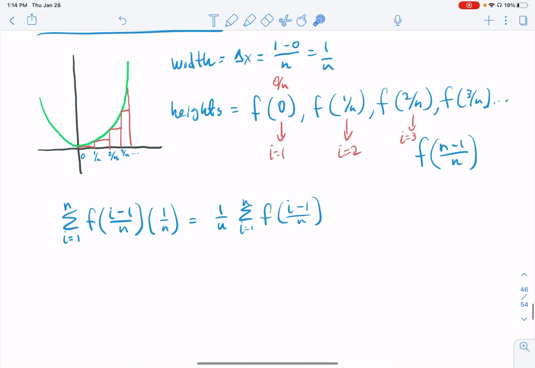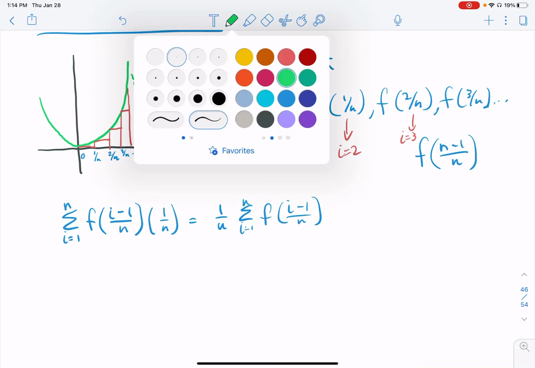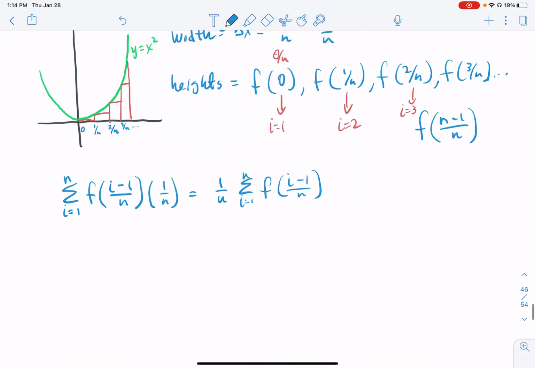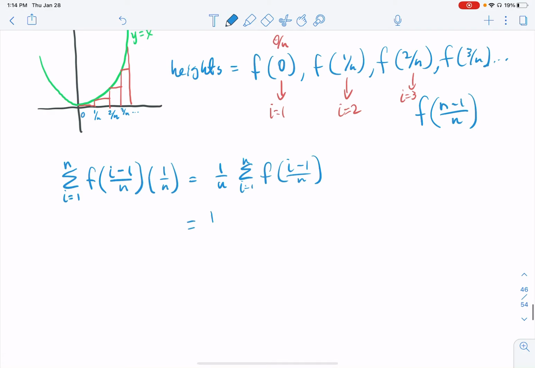We'll get that by plugging i minus 1 over n into our function x squared. You're going to see very quickly that this one is not as fun as the right Riemann sum. Okay, all right, so I'm going to have i minus 1 over n, and you're going to square all of that stuff. So we'll have to square this business and square that business.